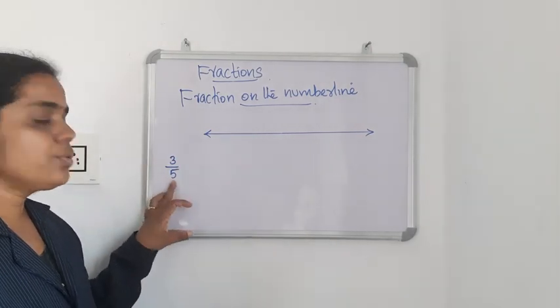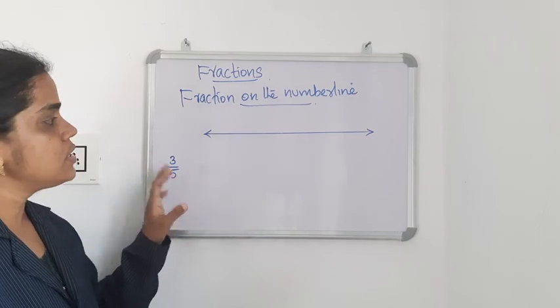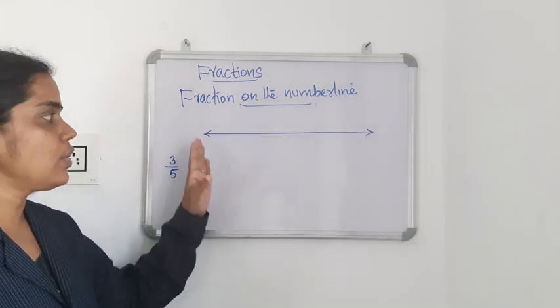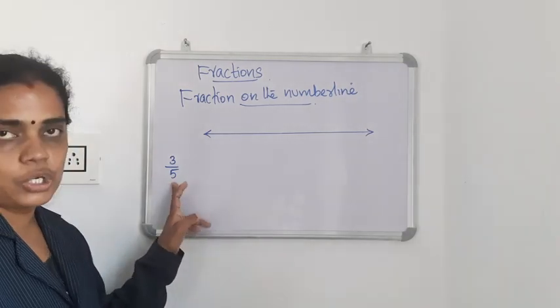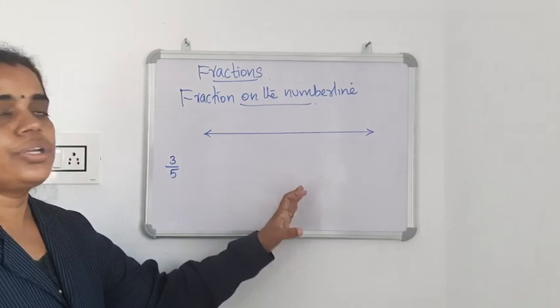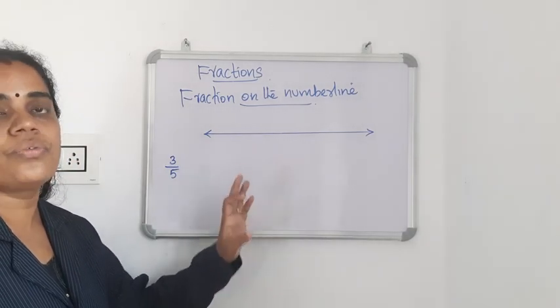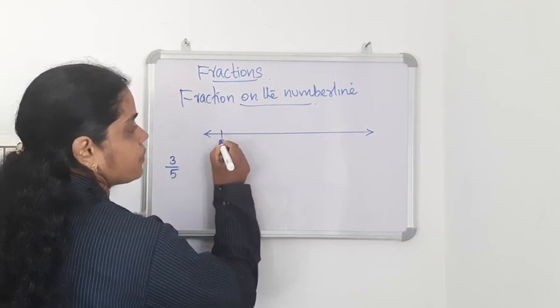According to the denominator, what is the denominator here? 5. So, according to the denominator, you need to split this number line into 5 equal parts. Here the denominator is 5. That's why we are going to divide this number line into 5 equal parts. So, we can start from 0.